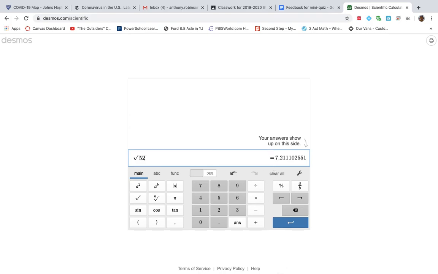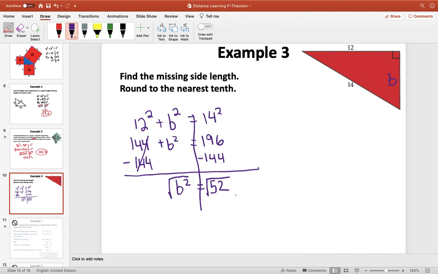So I'm going to go ahead and say that's my answer. So let me go back to my PowerPoint here. So we can say B. I can't find my cursor. My pen's not wanting to work for me right now. There it is. B is approximately 7.2 units. All right.